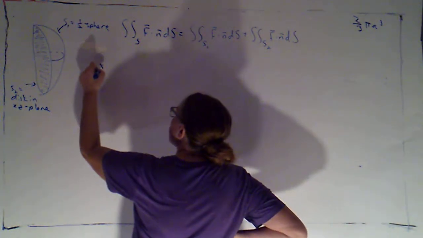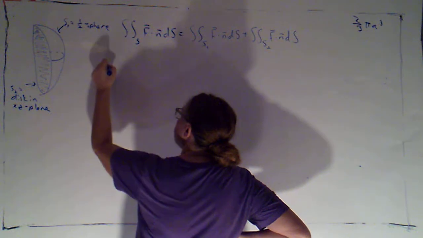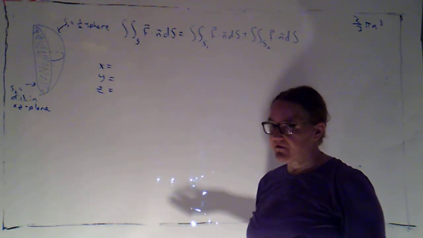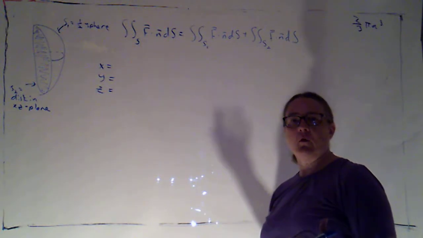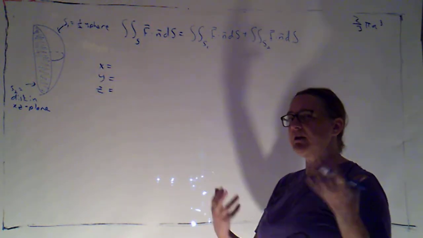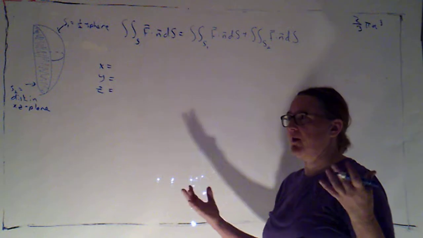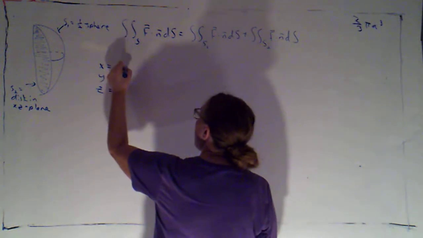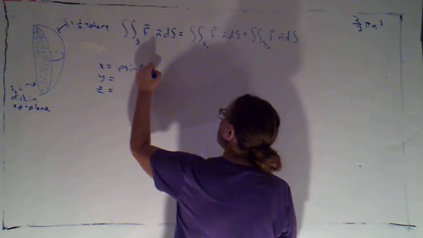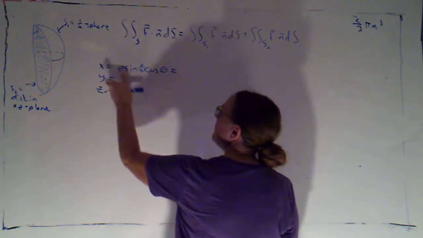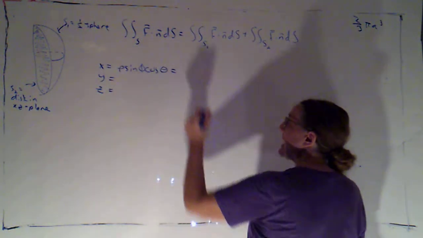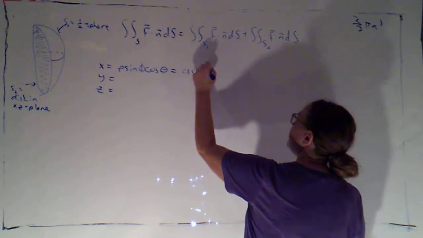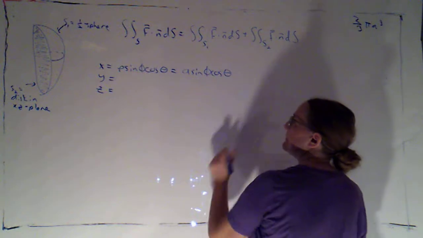Remember, I can always parameterize a sphere by saying that's a constant rho surface. So in spherical coordinates, theta and phi would be the only two variables that actually vary. In general, x is rho sine phi cosine theta, but on a sphere of radius A, rho is fixed at A, so it becomes A sine phi cosine theta.